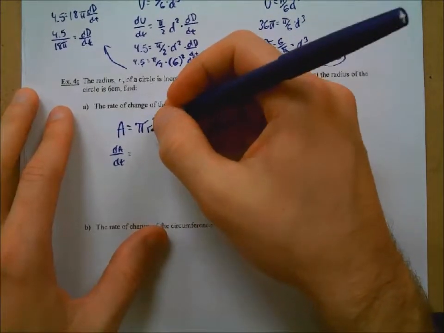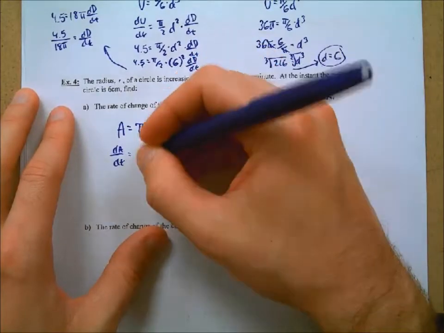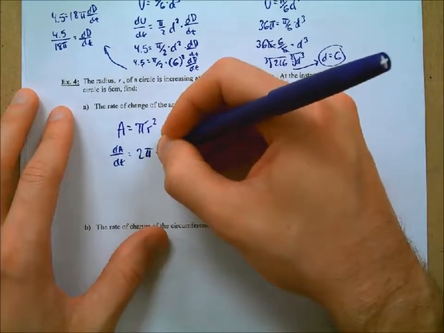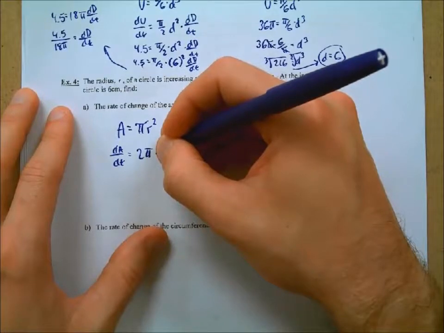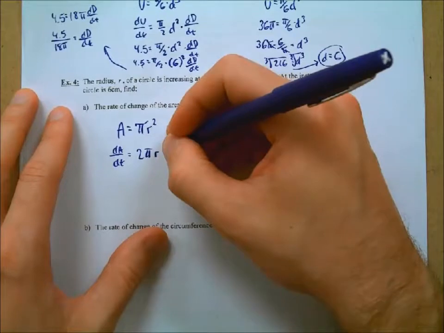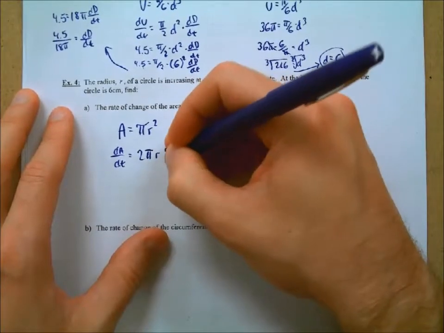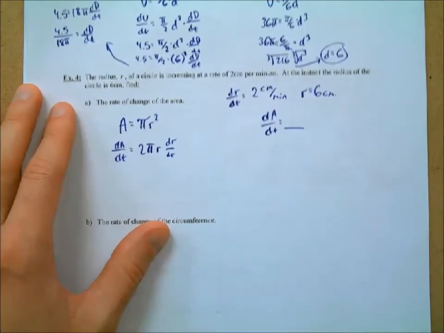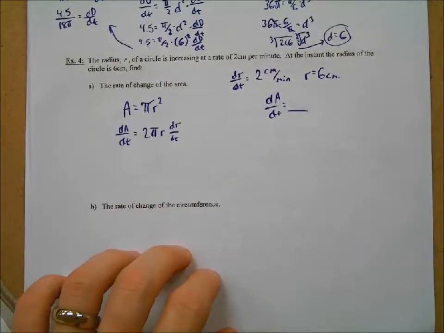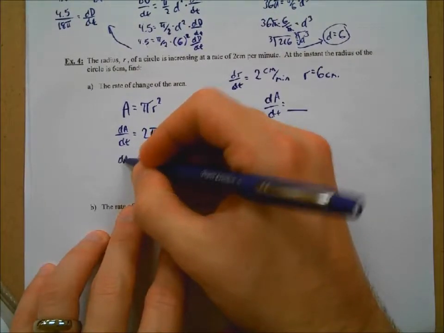The derivative of pi r squared, again, no product rule necessary. Just use the power rule. So the 2 goes out front, so it'll be 2 pi r dr dt.